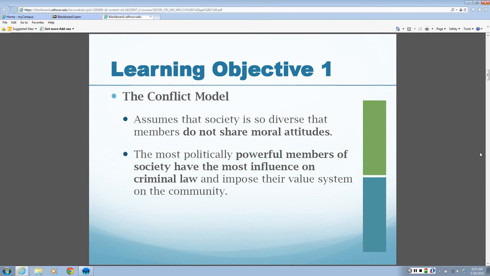Another way to look at the conflict model would be from the perspective of those that have versus those that have not. The ruling class versus the working class. Now think about this. If you're the ruling class, if you have the money and the power within society, don't you want to keep that?